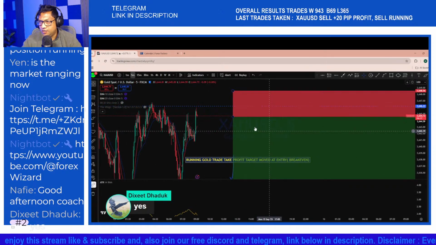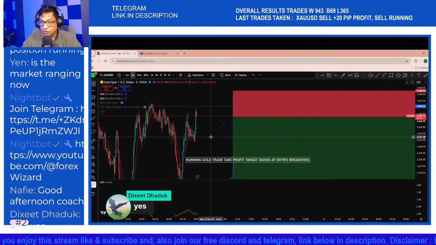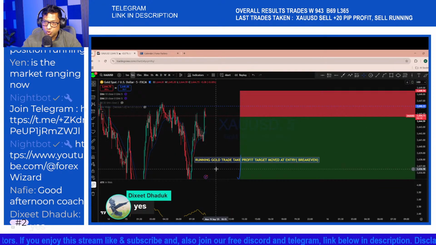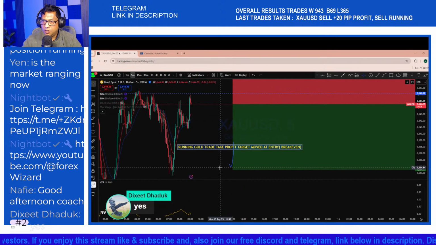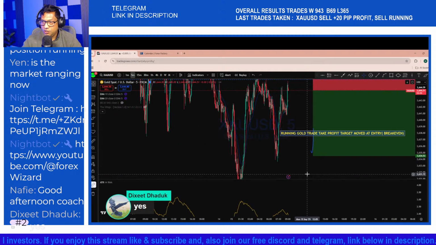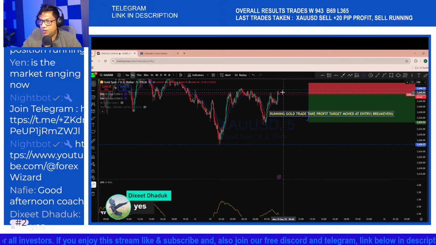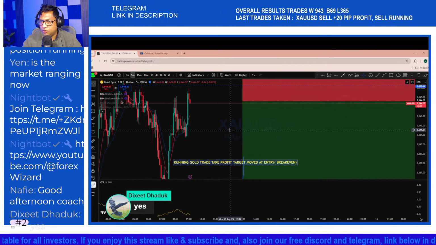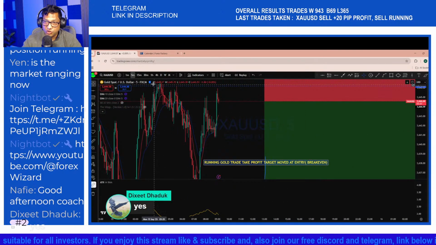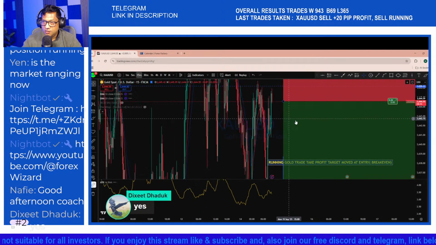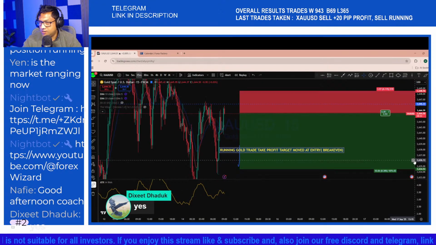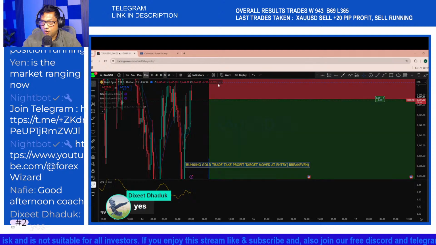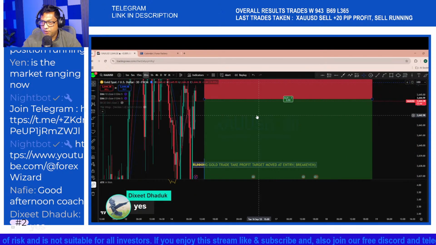And if you look here, you can see this is overextended to the upside, and there's a very high chance for the market to possibly drop again, even to come back here. So we have secured one trade in profit, the other trade is running, and I would like to see that eventually the market comes to our entry to close that trade break even.